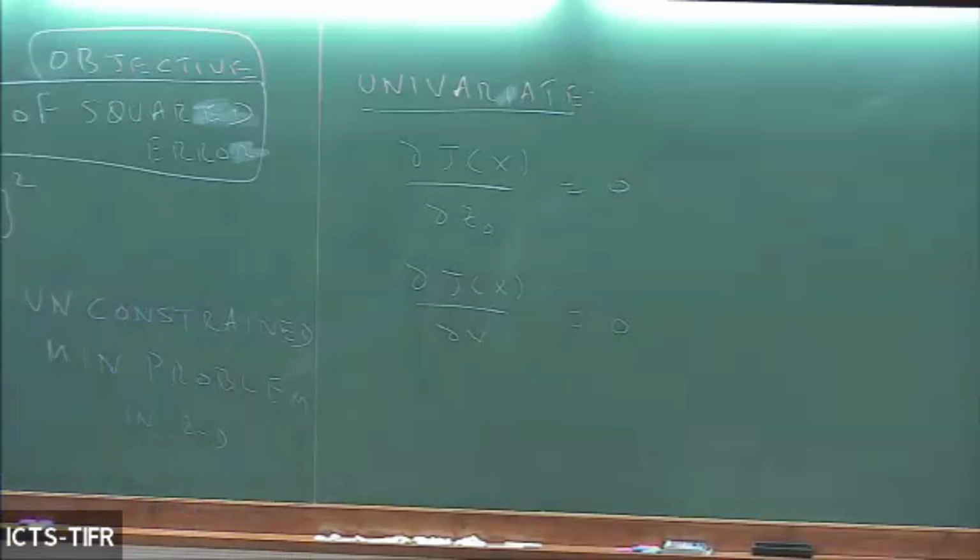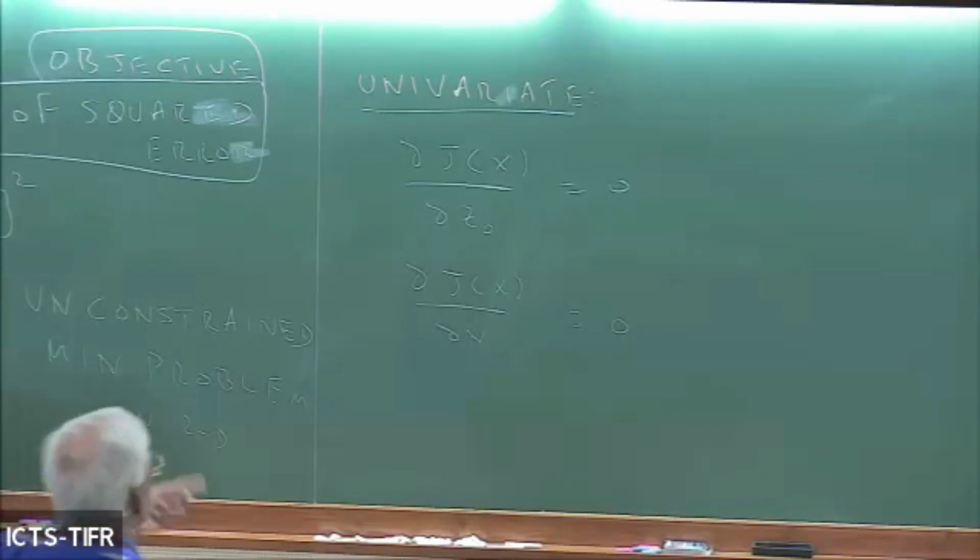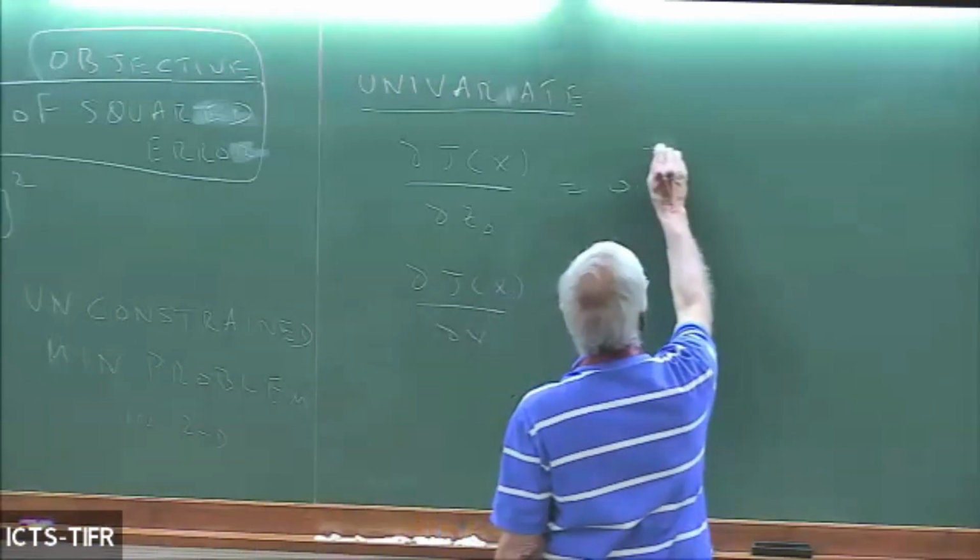Now, let's look at this. So who is the unknown? Z0 and V. This is the quadratic. Let me finish on the note. This is a quadratic function in Z0. This is a quadratic function in V. When you take the first derivative, it becomes a linear function. Are you with me? So you will get two linear equations and two unknowns.